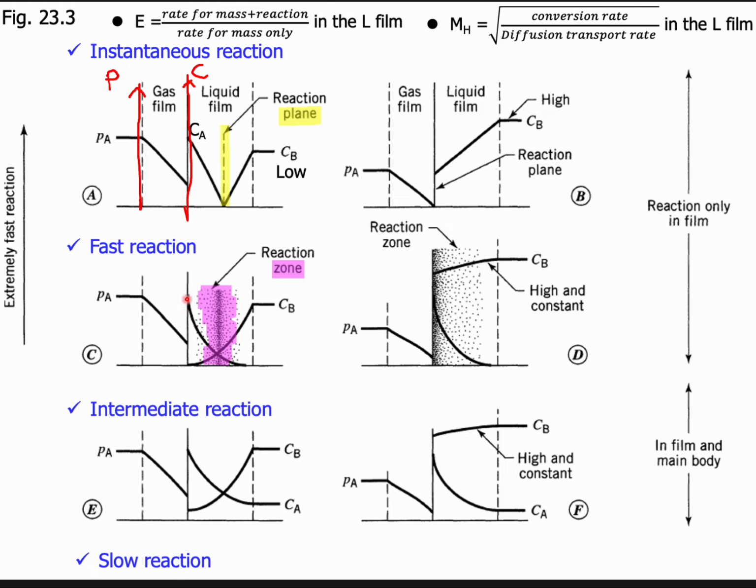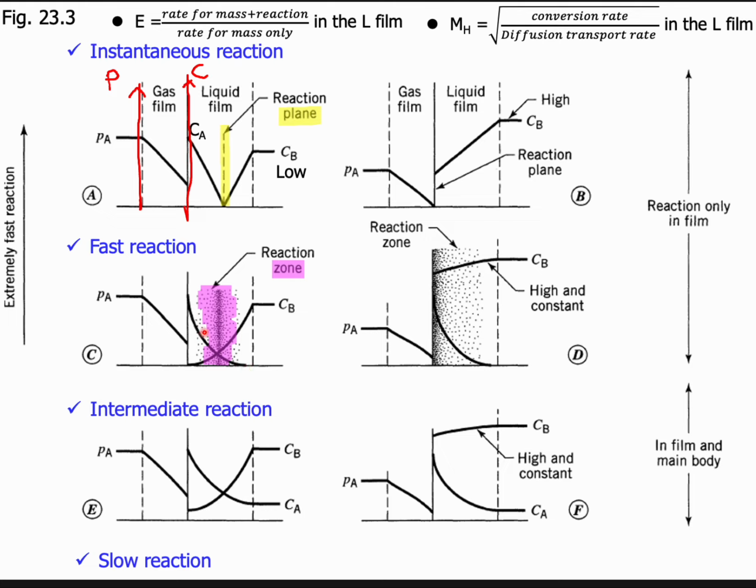That implies that when A enters the liquid film, it meets B, but the reaction is not as fast as this one, so the reaction location becomes a zone. But all the molecule A will be consumed completely in the liquid film. So you can see the concentration of reactant A will drop to 0.